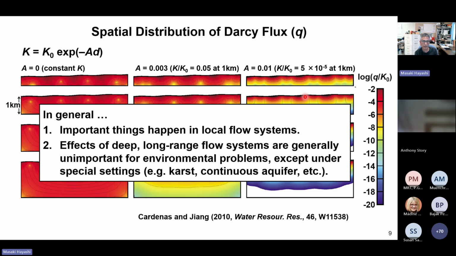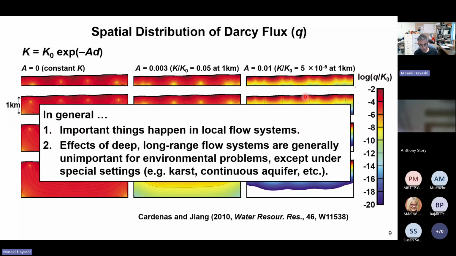The effects of deep, long-range flow systems, kilometer deep and hundreds of kilometers long, are generally unimportant for environmental problems, except under some special settings, such as a well-developed karst system or extensive and continuous deep aquifer.